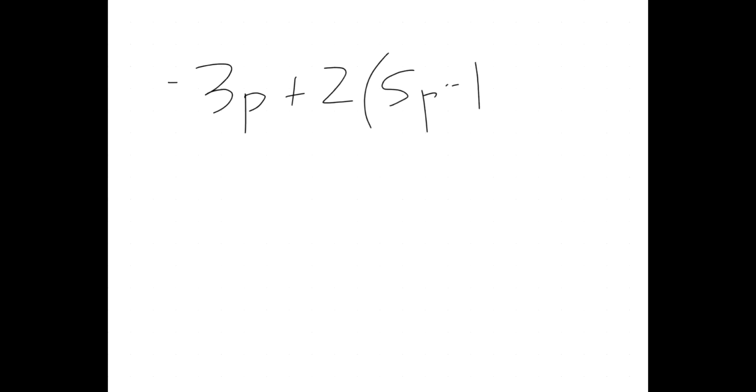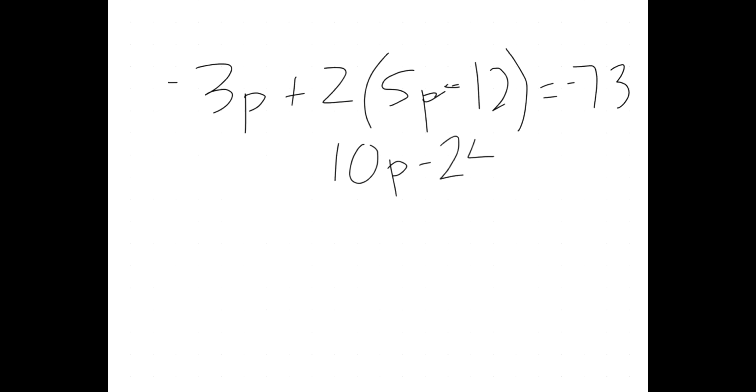All right, negative 3p plus 2, parentheses, 5p take away 12. It goes negative 73. So 2 times 5p is 10p. Yep. And then 2 times 12, or would it be negative 12? Yep, negative 12. So then 2 times negative 12 is negative 24. Good.